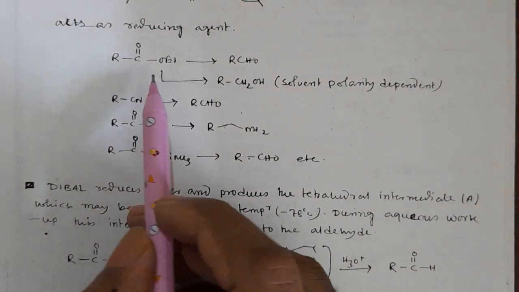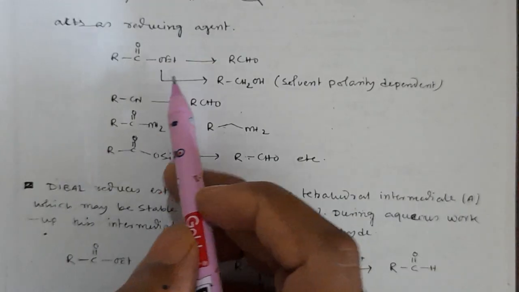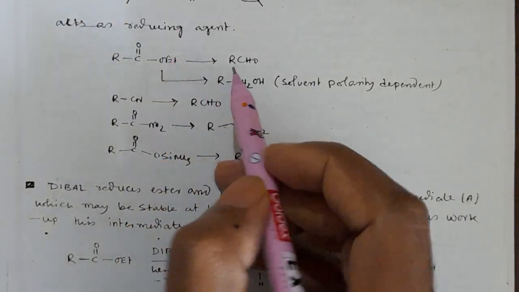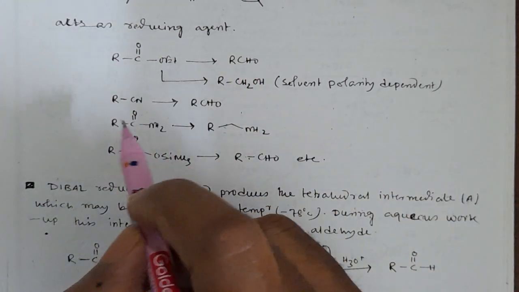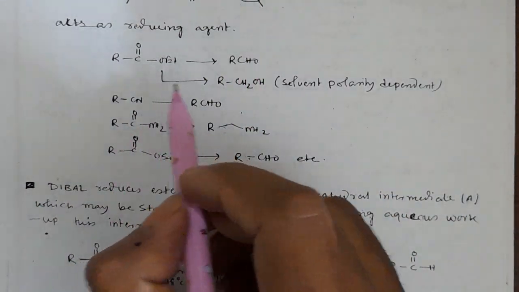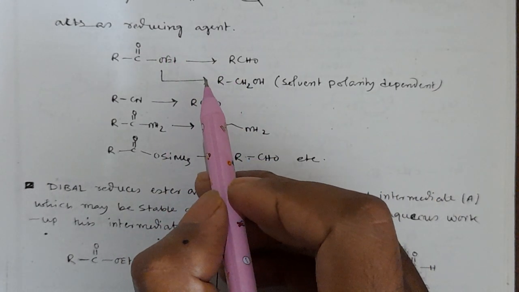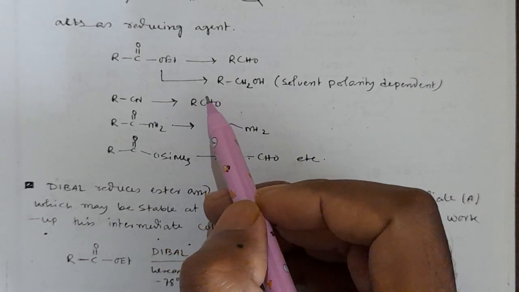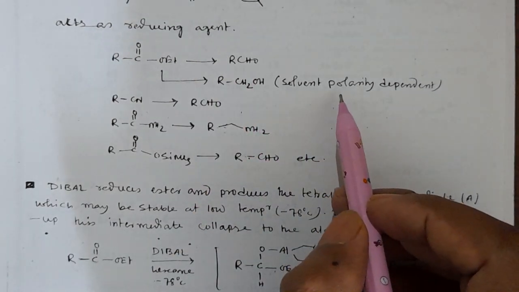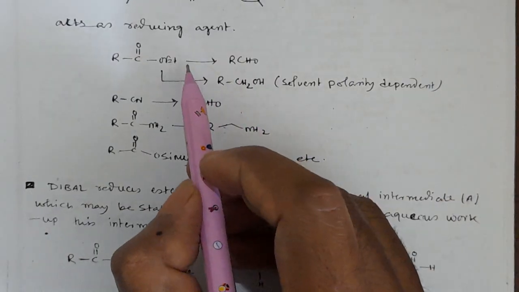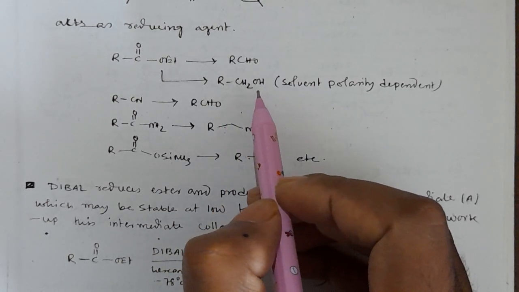If you take an ester compound and do the reaction using DIBAL, it gives the corresponding aldehyde. But this reaction depends on other factors as well. If you use a polar solvent during the reaction, then it gives the alcohol product directly.